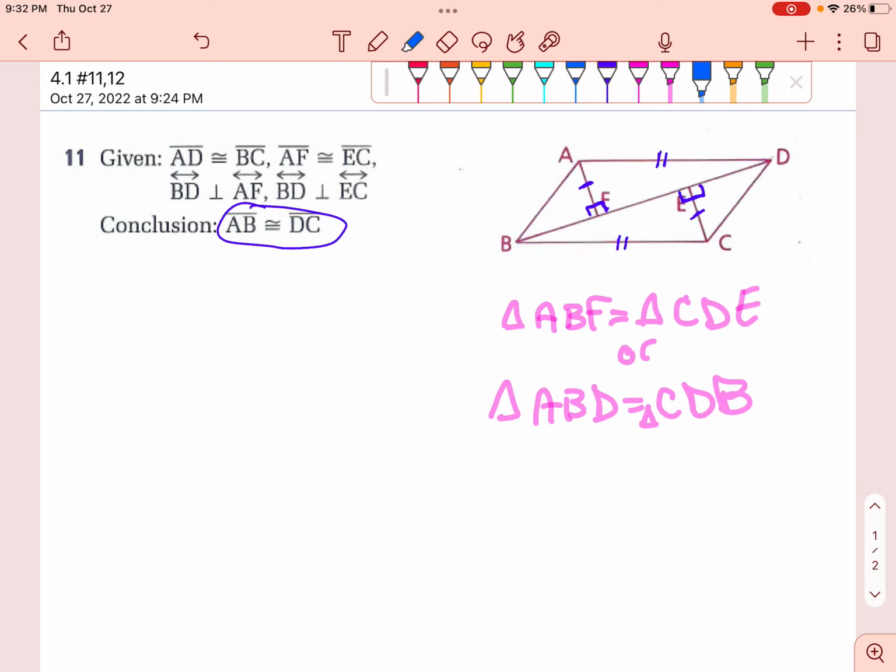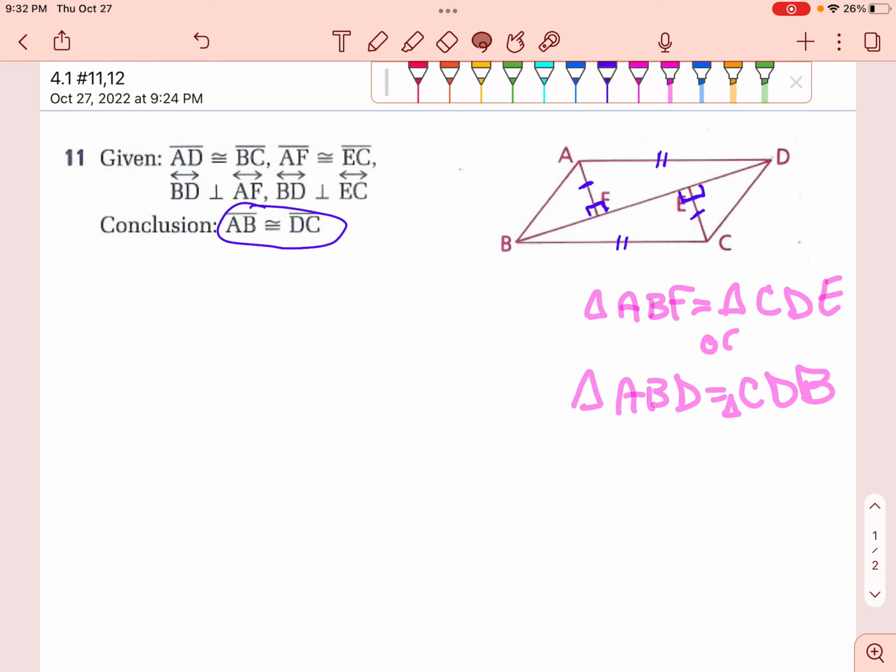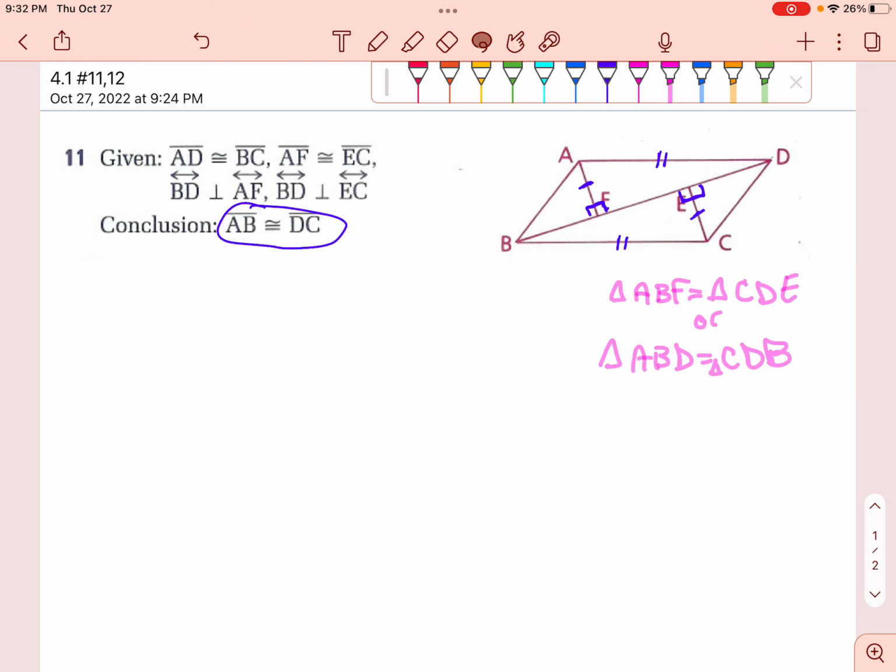Okay. So looks like we're going to need a detour. And once again, I don't know where this is going, but we're going to try what we can. So it looks like I can very easily get this triangle equal to this triangle. And as soon as I saw the right angles, I was assuming we'd use hypotenuse leg.